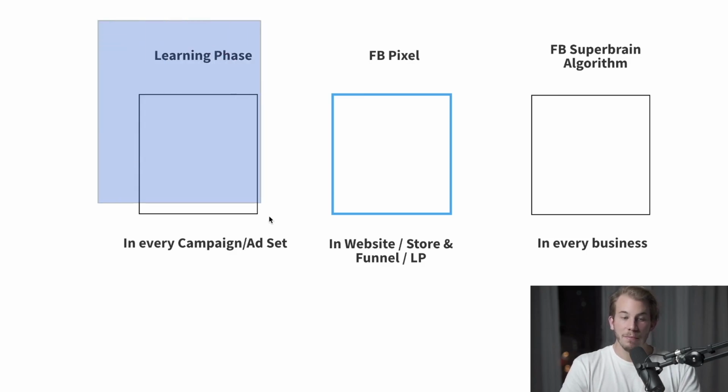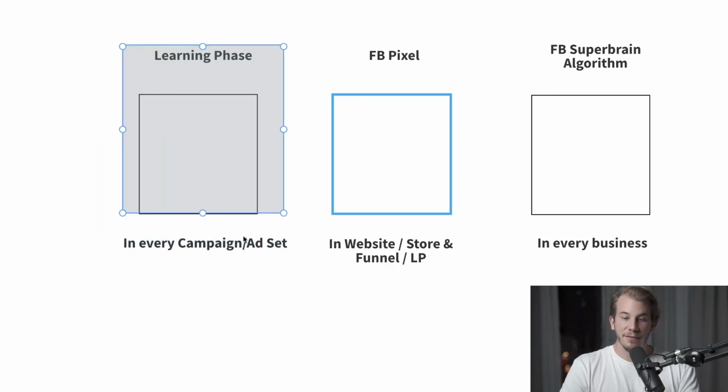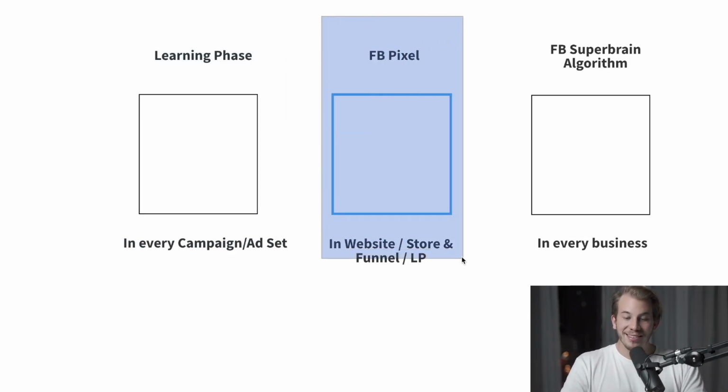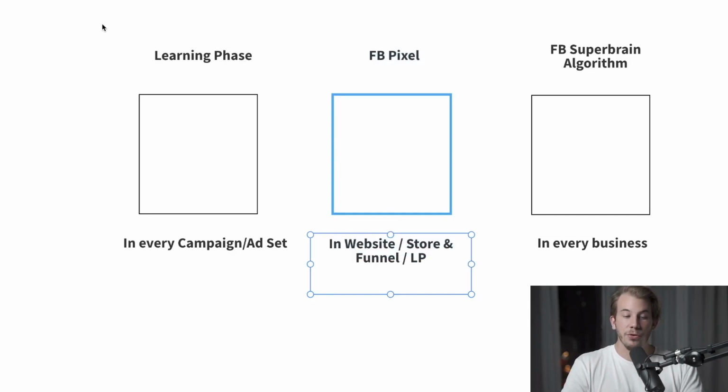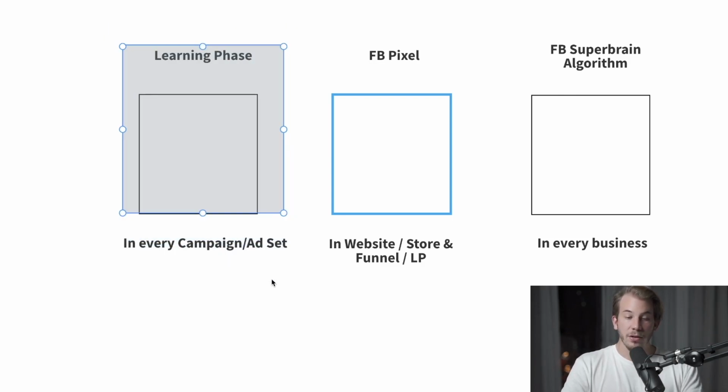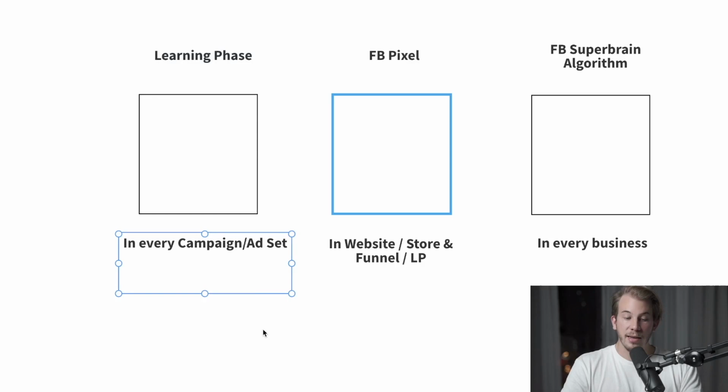So every campaign generates data, feeds it to the pixel, and whenever you start a new campaign, it uses all this existing data from the pixel to make sure to get the most out of your performance right from the start. So when you start a new campaign, your learning phases are very important and need to be cared of.